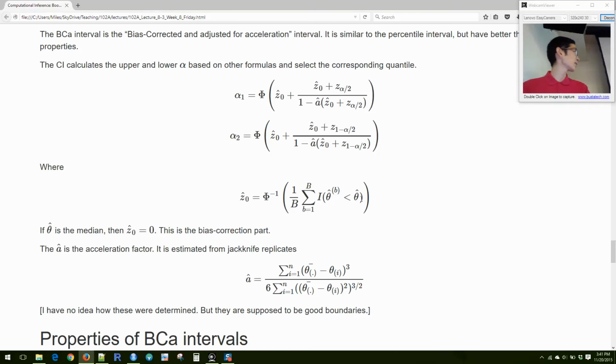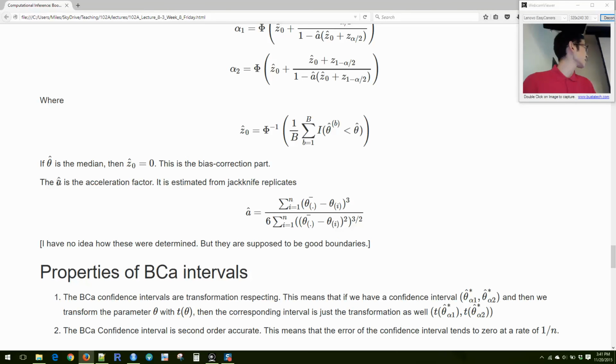So if theta hat is the median, then half of the bootstrap estimates will be 1, and the other half will be 0. Then if you do 1 divided by the total number of bootstrap estimates, this entire quantity inside the big parentheses becomes 0.5, and phi inverse of 0.5 is 0. What z-score gives you an area shaded to the left of 0.5? That's 0. Okay, so this is the bias correction part.